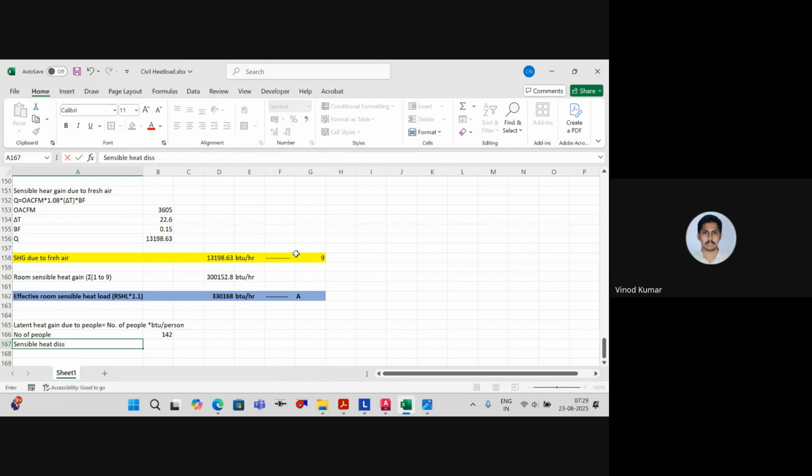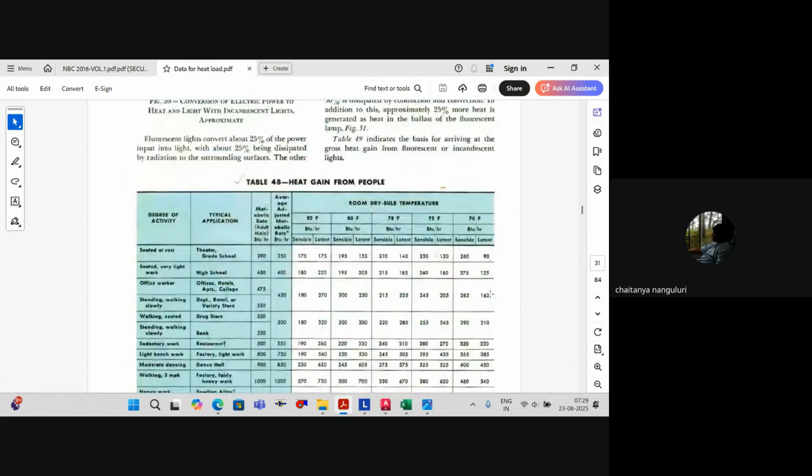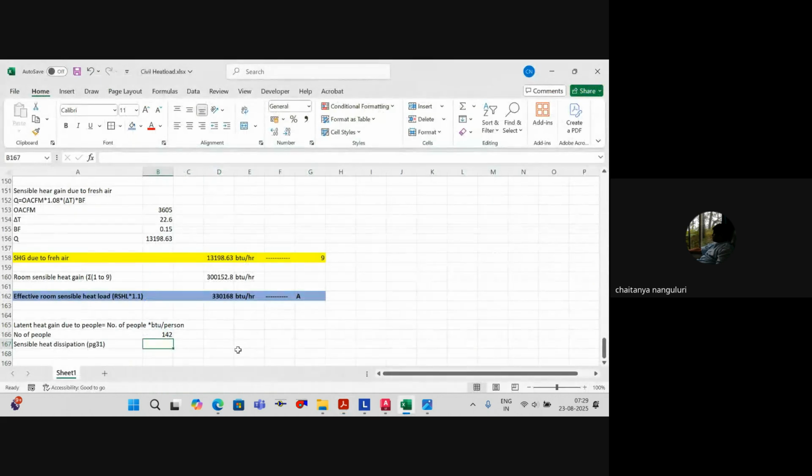Page number 31, we will take it. So automatically we'll get the value from here only. We can again take latent heat, which is 245 and this value is 205. Latent heat is 205, so we can directly take it as 205.